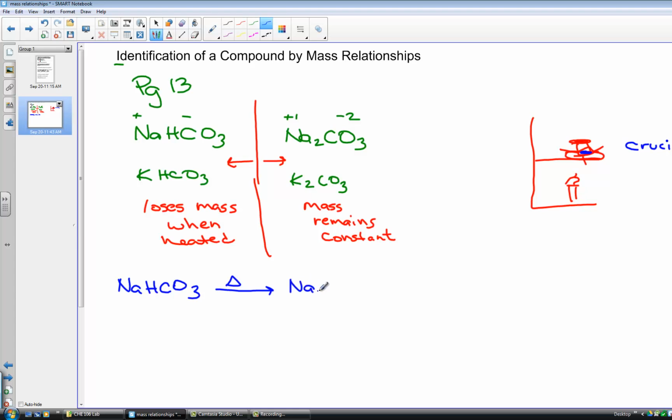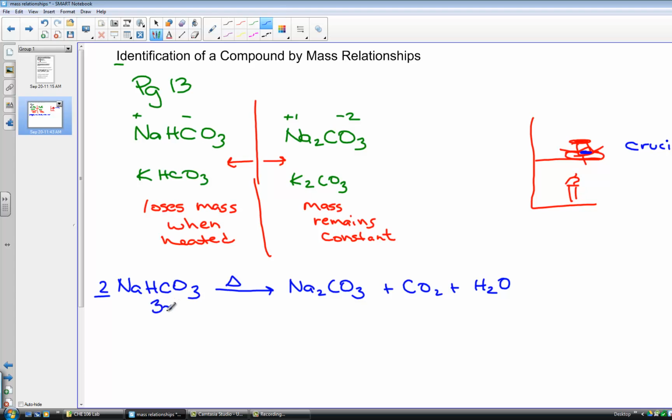So let's think this through: if we have a bicarbonate, and again the first name could be sodium or potassium, we have no idea at this point, and we heat it, it will decompose to give us a carbonate, and out of the dish came carbon dioxide gas and water gas or steam vapor. So here, just to keep this balanced, we'll need a 2 out here. Just thinking about the law of conservation of mass, I'll make up a number.